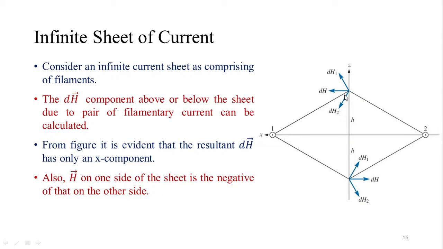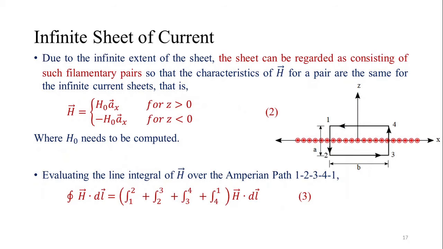Above the point, at a distance h along the z-axis, the field will be like this, and below you will have a field like this. The x components will cancel, so you have only the H component along the x-axis. So that field has an x component alone.